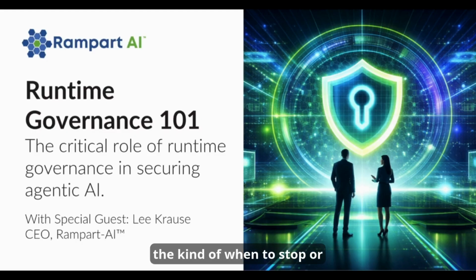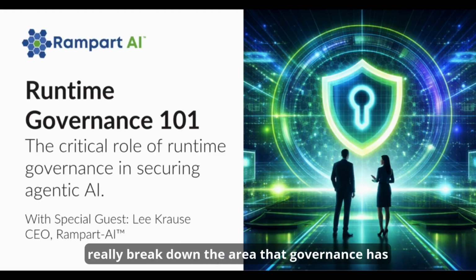And finally, when to stop, when you've gone too far and are outside of your safe zone, and when to ask humans for approval, things of that nature. That really breaks down the area where governance has a key and important role.